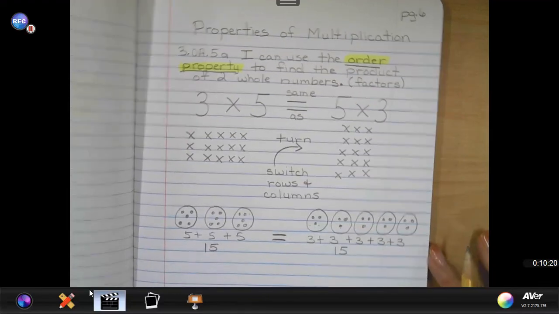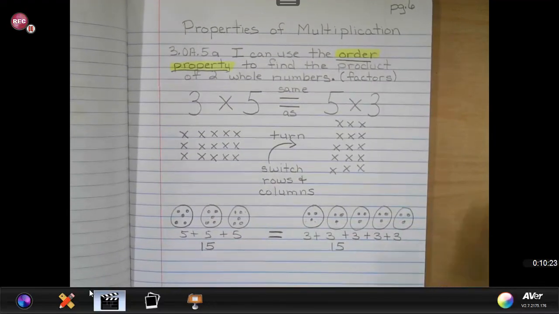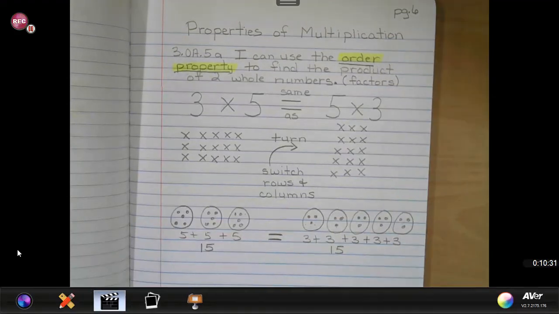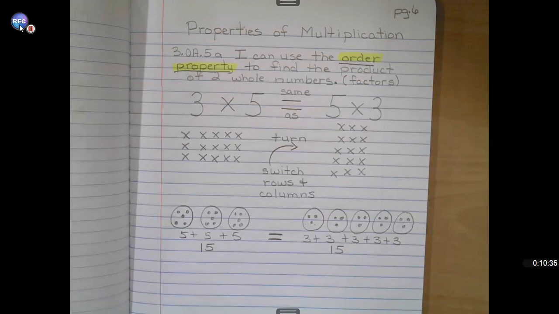We have 2 more properties to go after this, but we will talk about those a little further as we continue talking about multiplication. Make sure you get these notes into your composition notebook, and we will see you soon.